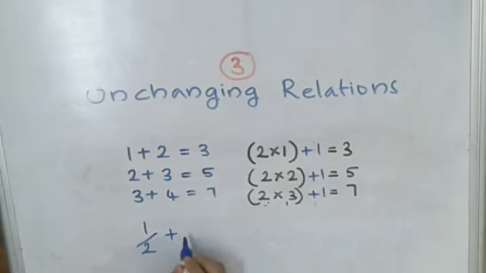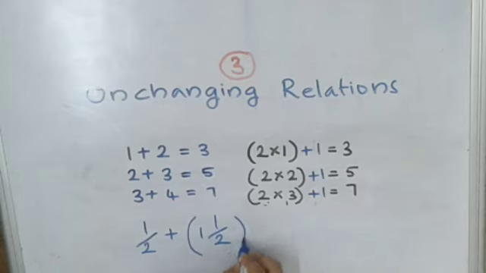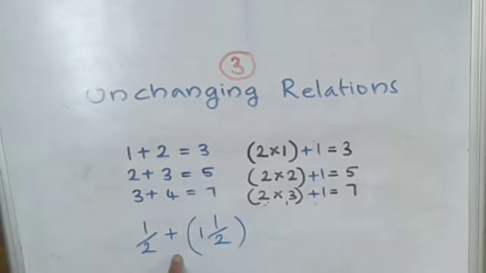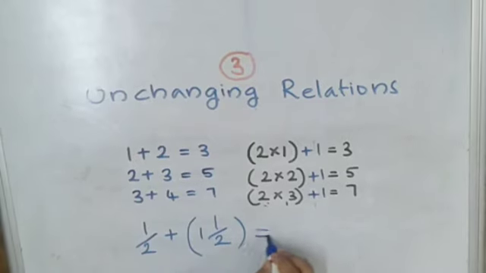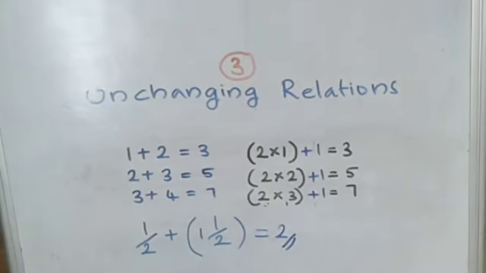Then the next consecutive number is 1.5. Like this, half plus 1.5 is equal to half plus half 1, then 1 here 1. 1 plus 1, 2. 2 is the answer.